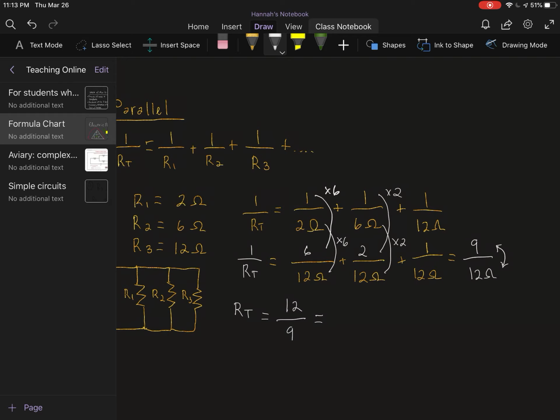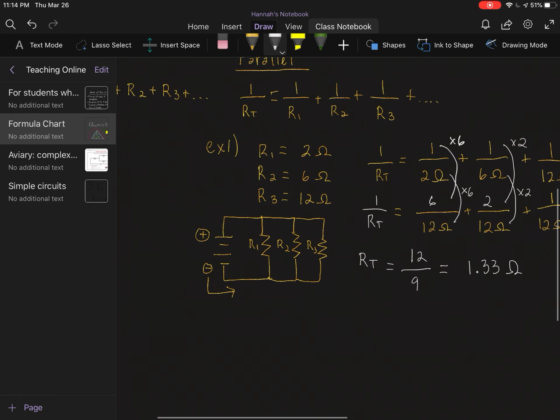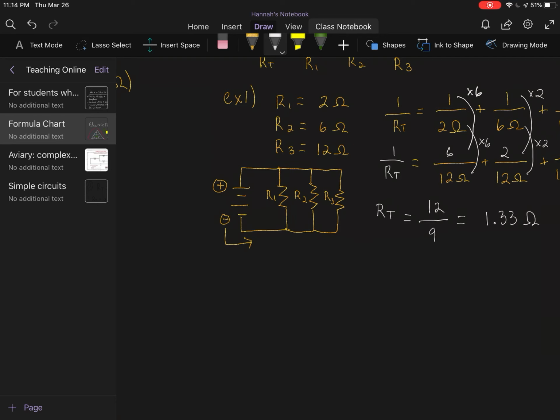And forgive my brain deadness, but I need to use a calculator, to my shame, to my chagrin. 12 divided by 9, it's 1.33. And that is ohms, okay? So that was with an easy common denominator, nothing too crazy.